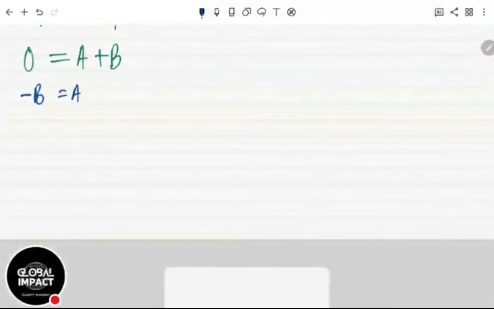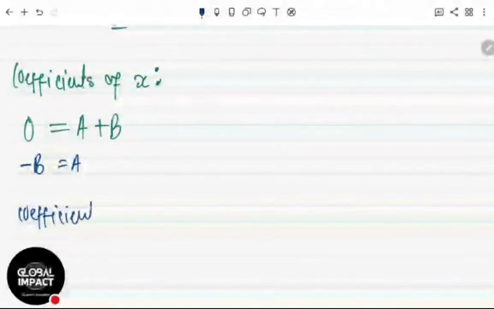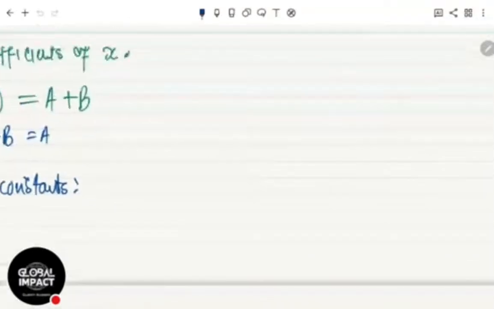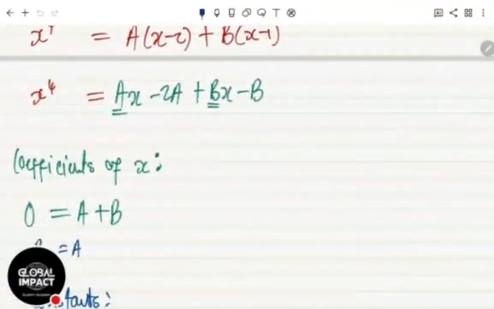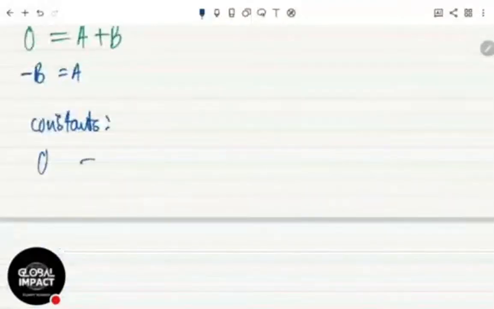Then we can now say constants. When we have done the coefficients, now we are doing the constants. What do we have for constants? On this side we have no number, so we say 0 is equal to.